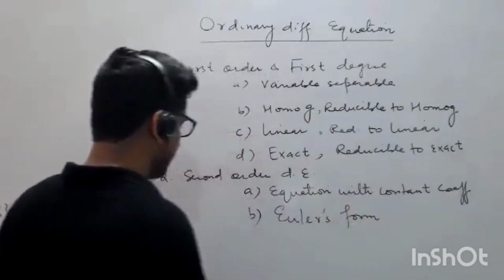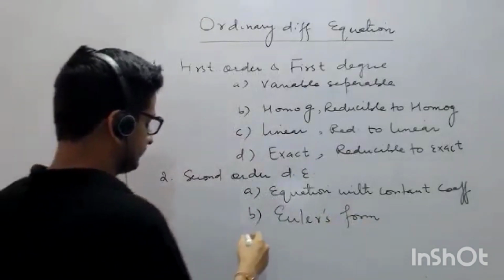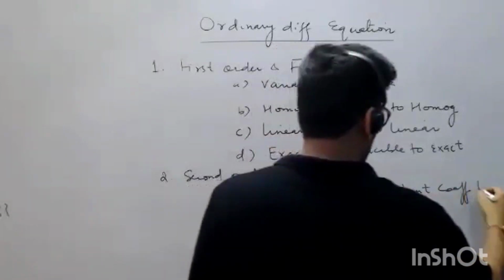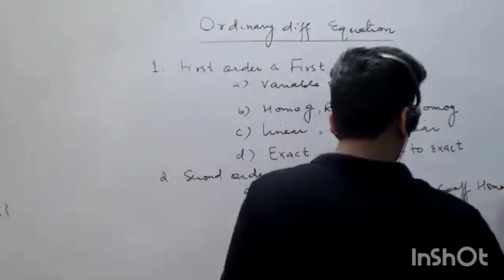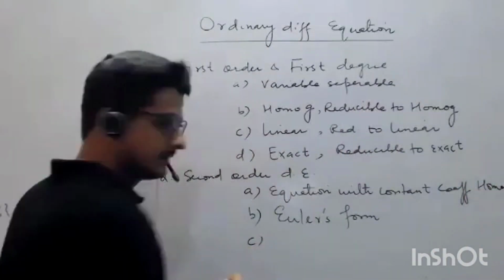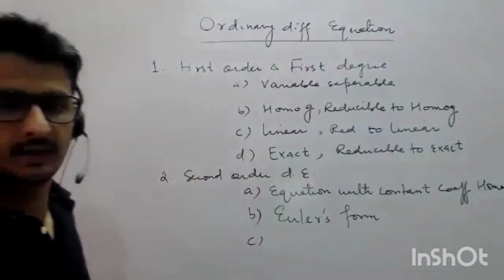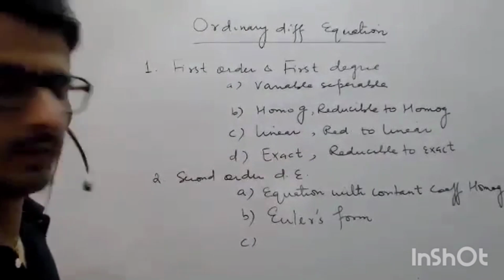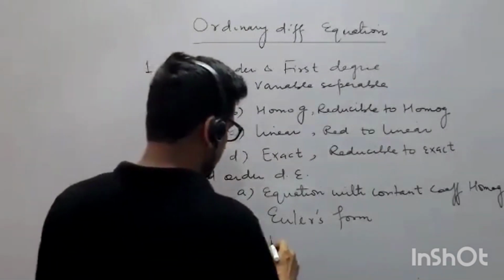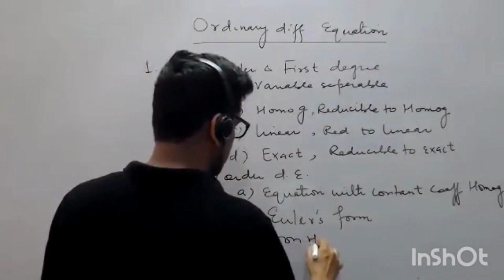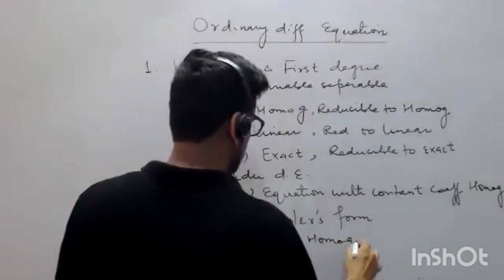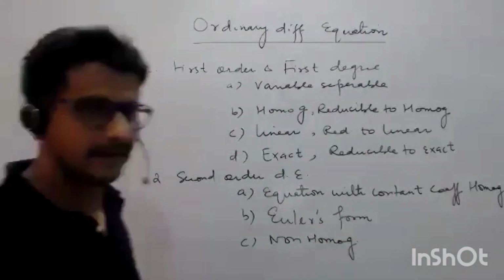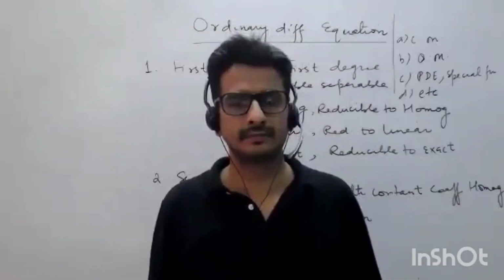This will be homogeneous, and then C part will be non-homogeneous. Okay. So this will be the complete syllabus of ordinary differential equation.